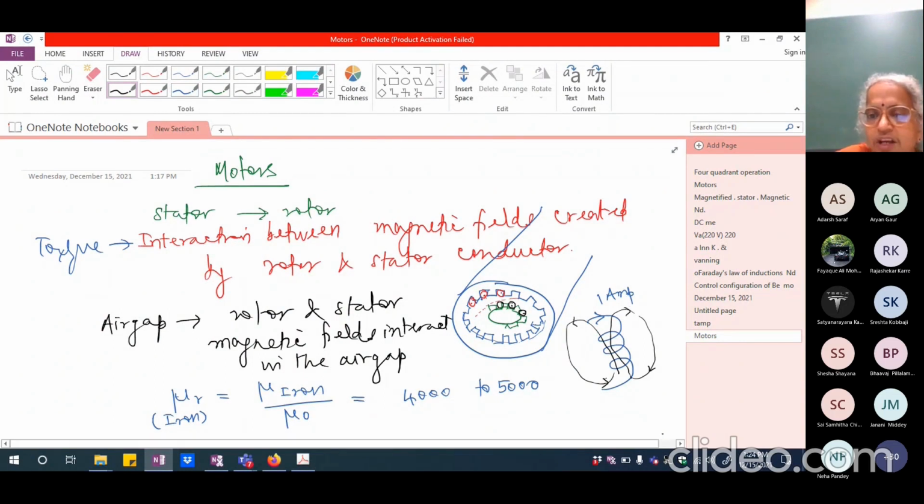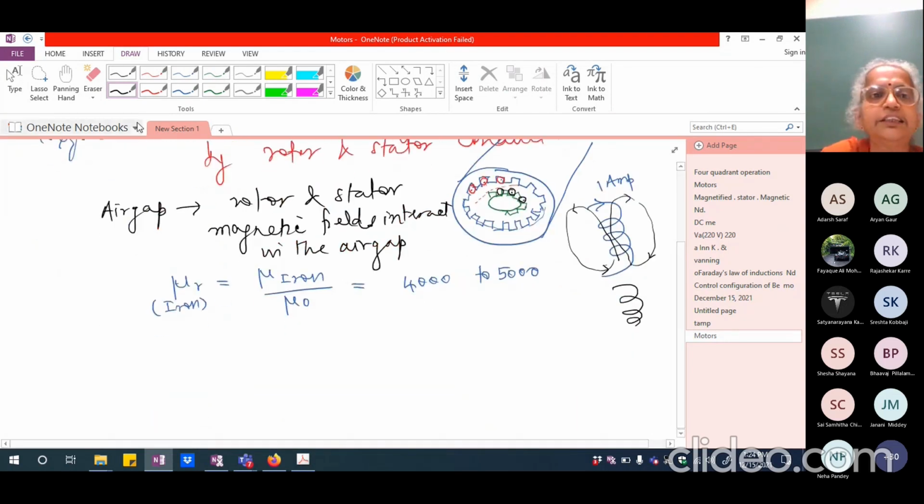I try to compare this with another case where I am again going to have a coil like this, but inside that I'm going to insert a piece of iron. So I can show it as though I have a piece of iron around which I am winding a coil. And I'm going to again pass the same 1 ampere of current.